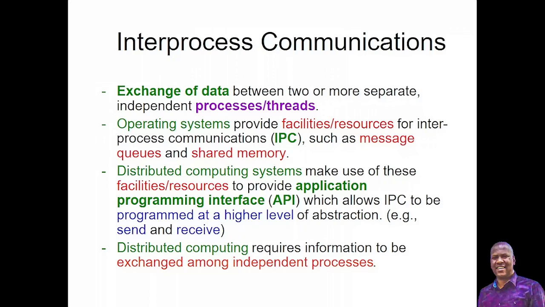Distributed computing requires information to be exchanged among independent processes. In our previous video, we looked at the various characteristics of distributed systems, and we realized that some of the characteristics are transparency, reliability, and so on.